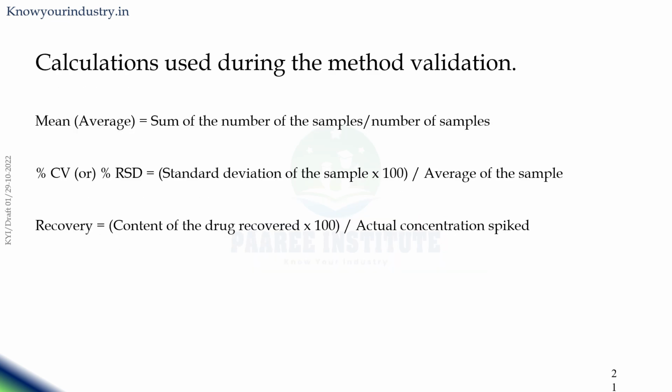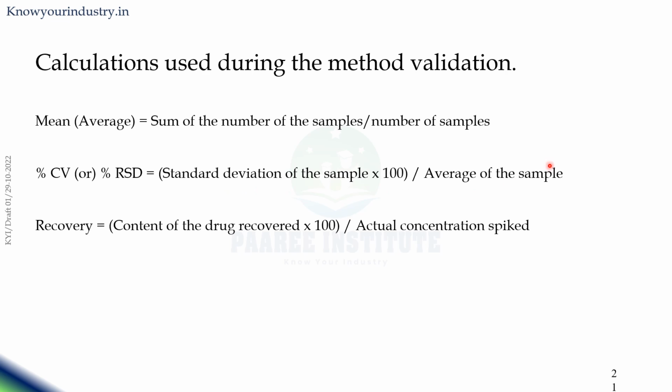Apart from the basic calculations we have seen, we do a lot of other calculations during the method verifications and method validations, like the standard deviations and relative standard deviations, which are calculated by using different values we get.